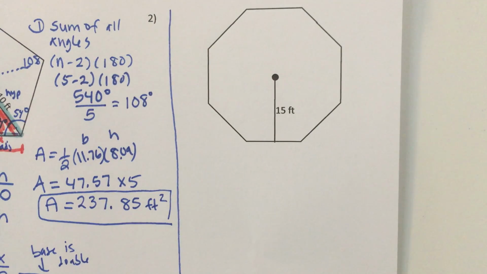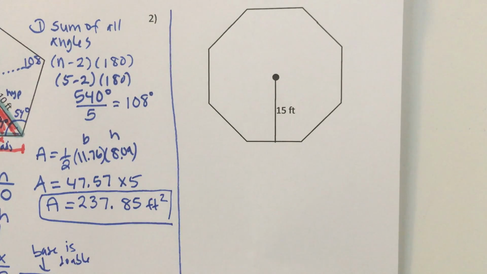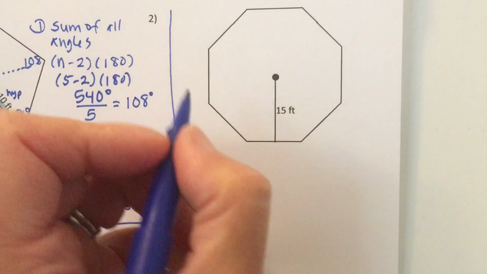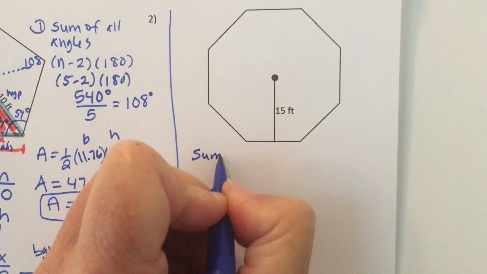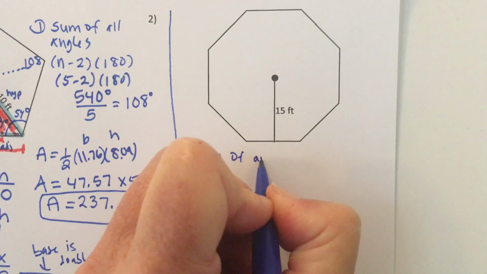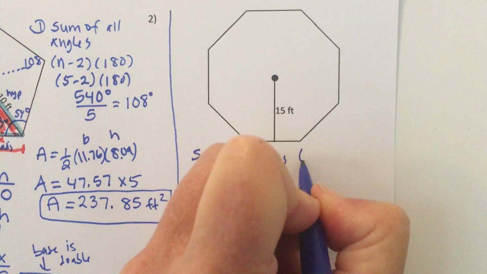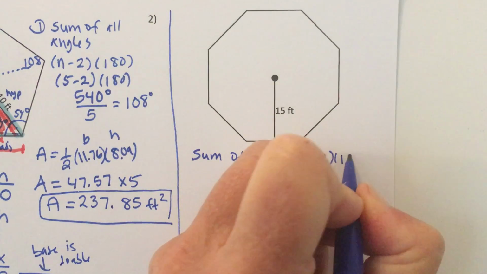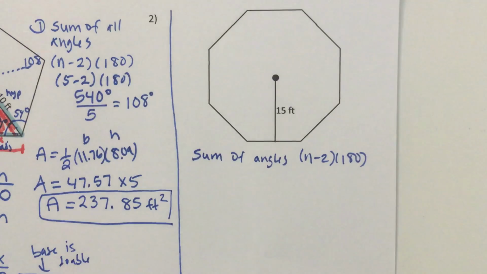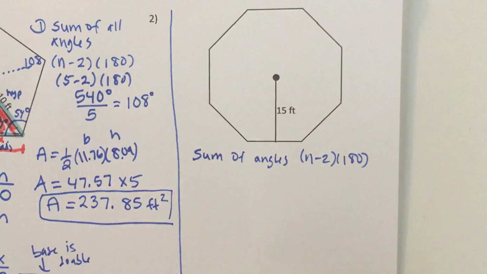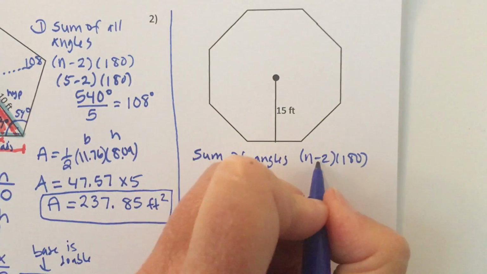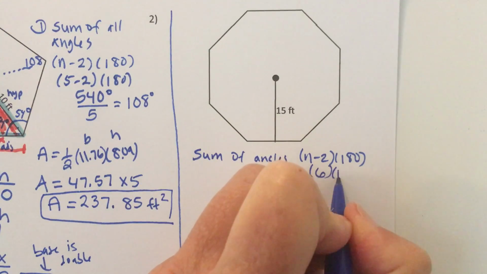The thing that's exactly the same is you still have to find the sum of the angles. The sum of the angles is always that formula, n minus 2 times 180. This is an octagon, so that will be 6 times 180.